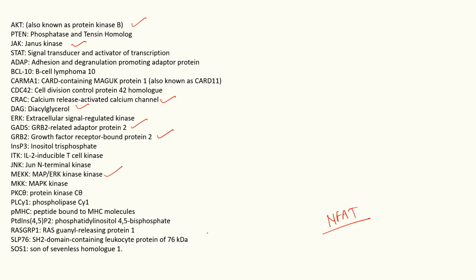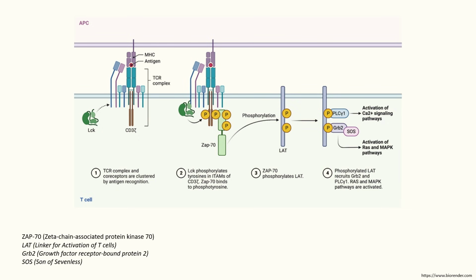This is not limited, there are many more, but these are very important for the T cell activation pathway. Well, we will move on and try to get a rough idea about how the antigen presenting cell and the T cell activation takes place upon the binding of the antigen.